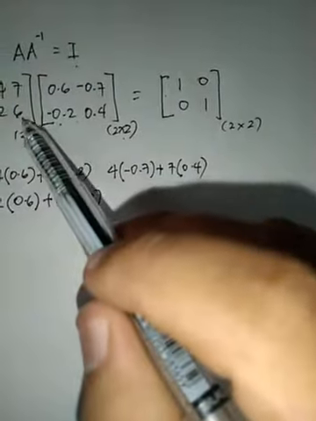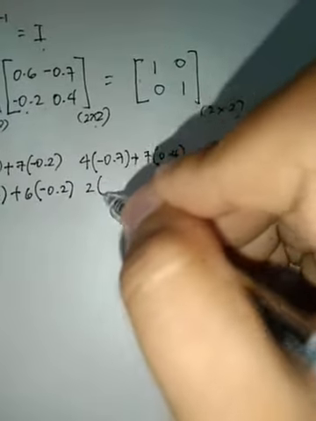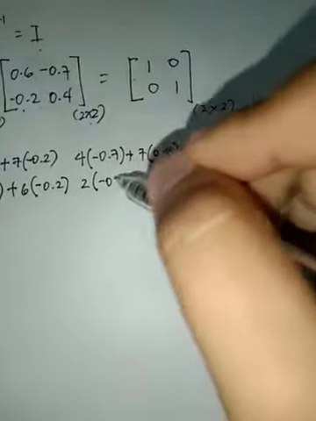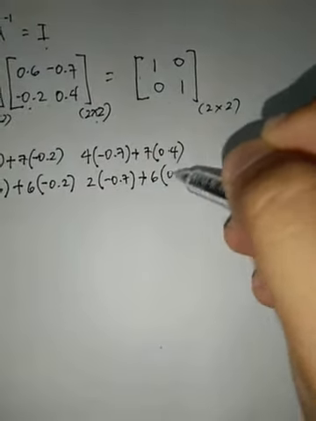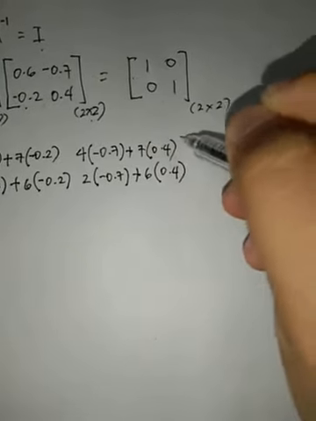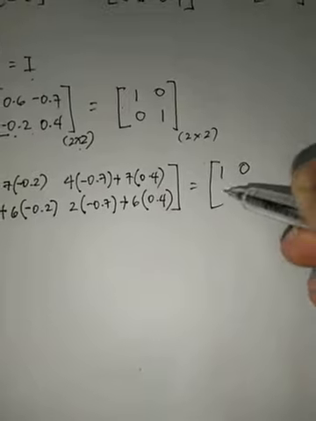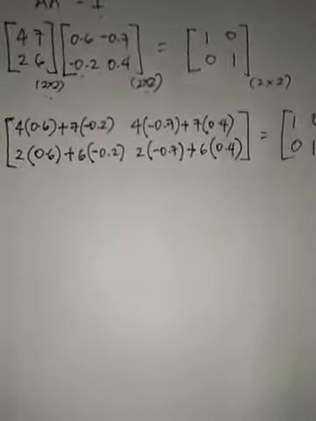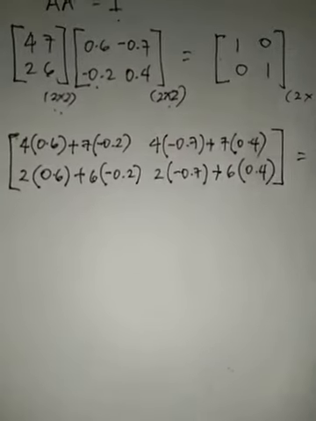Then, second row, second column. So, we have 2 times negative 0.7 plus 6 times 0.4. Okay, which is equal to sa ating identity matrix. Okay, so let's check. So, we're going to use our calculator.